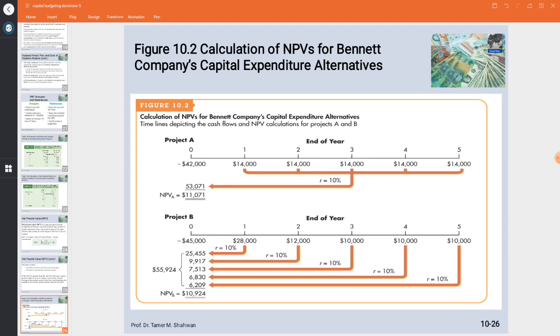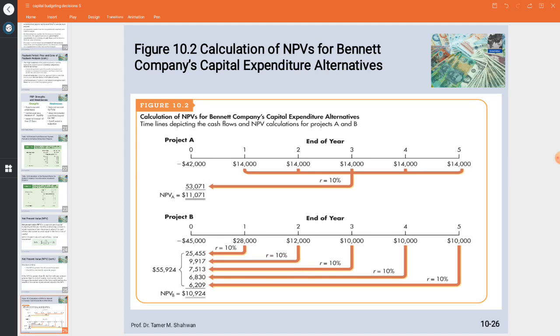According to our criteria, if NPV is more than 0, we should accept the project. For example, the NPV for project A is 11,071. It's more than 0, so we accept the project. The same for project B: its NPV is more than 0, so we also accept the project. But I would like to draw your attention to the following.